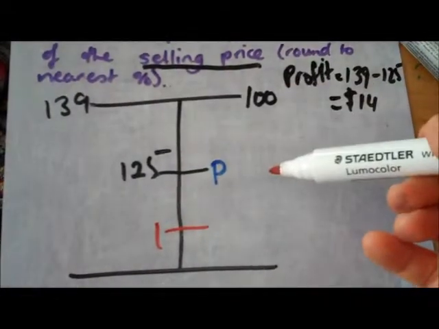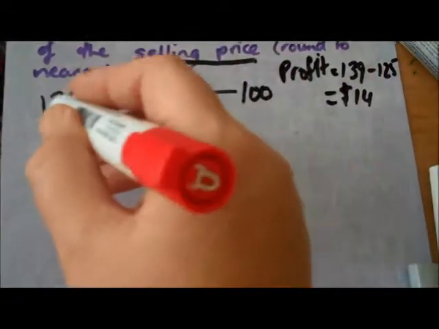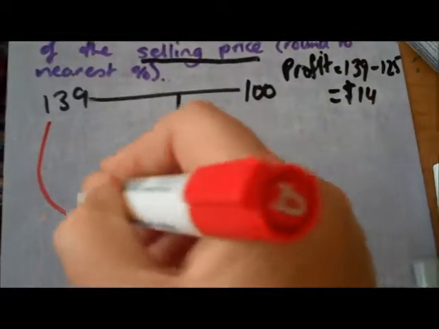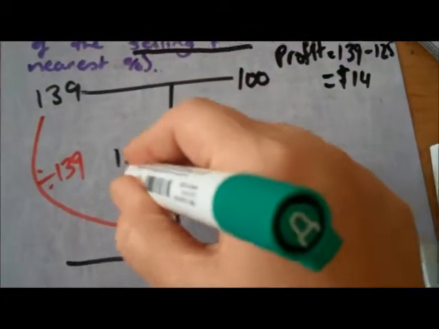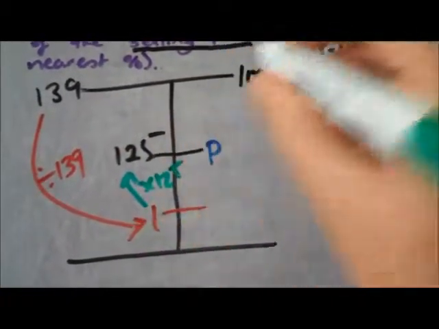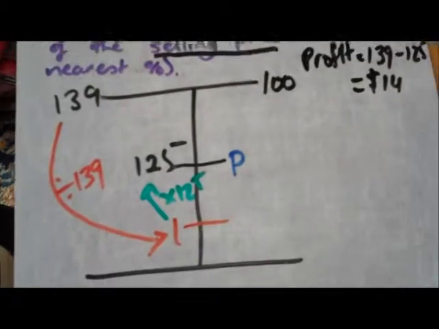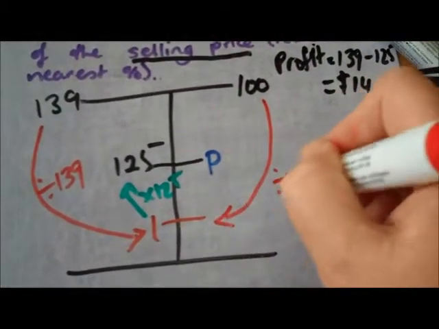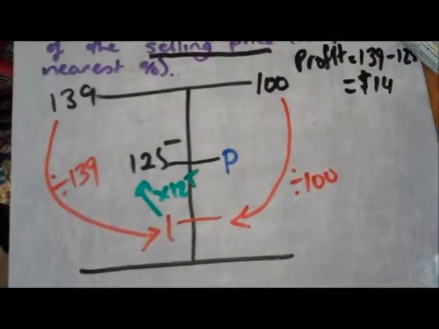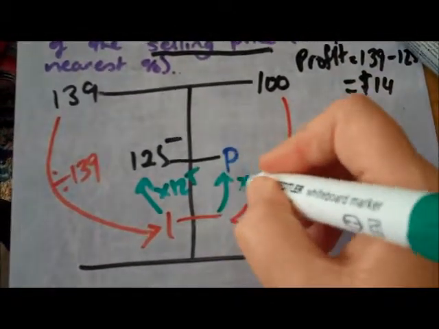Do I start at the top or at the bottom? I have to start at the top because that's where I've got 2 values. So the first thing I'm going to do is divide by 139, and then I'm going to multiply by 125. I'm going to do exactly the same on the other side. Divide by 100 and multiply by 125.